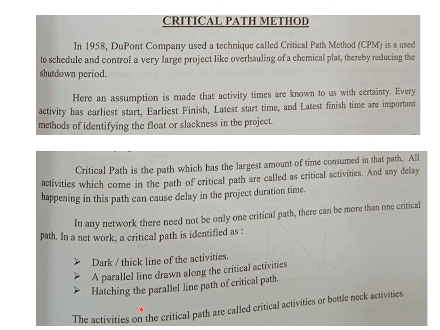The activities of the critical path are called critical activities or bottleneck activities, because anything that goes wrong here will cause a delay in the project. With this, we are done with this part of CPM, the critical path method, and the rest of the slides are only examples.